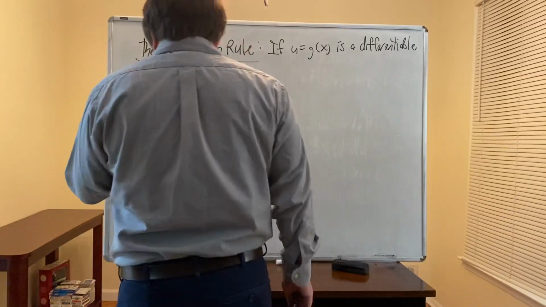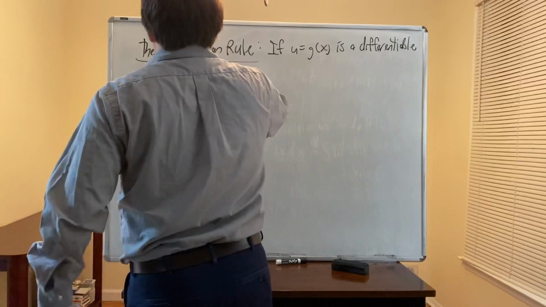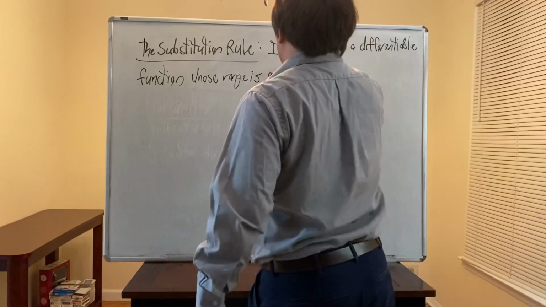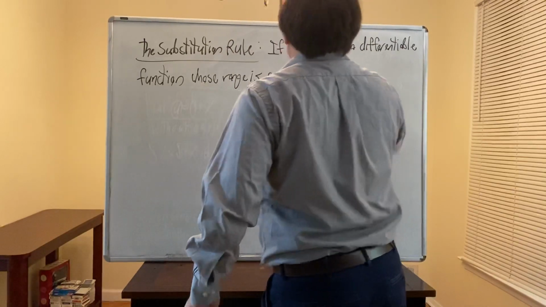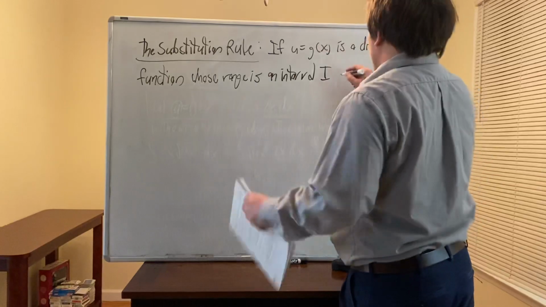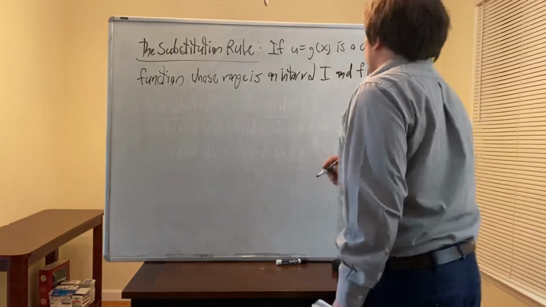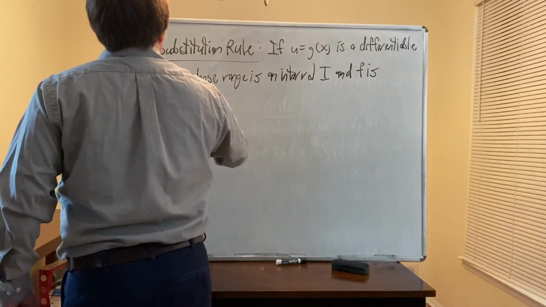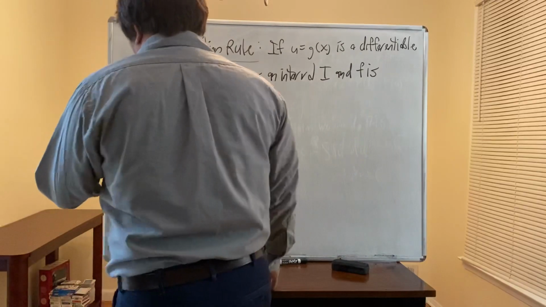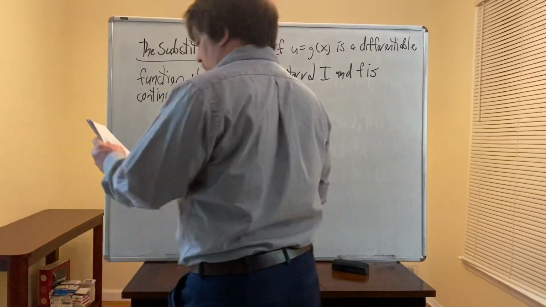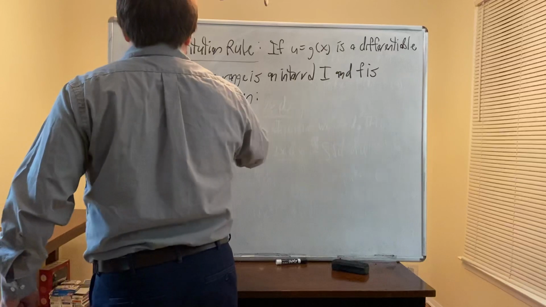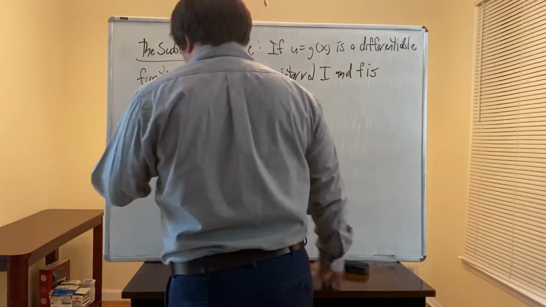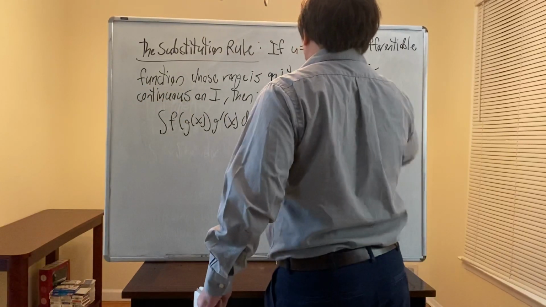If u equals g of x is a differentiable function whose range is an interval capital I, and f is continuous on I, then the integral of f of g of x times g prime of x dx is equal to the integral of f of u du.